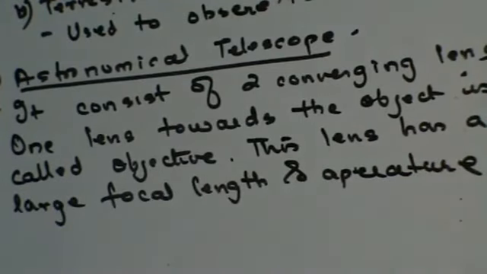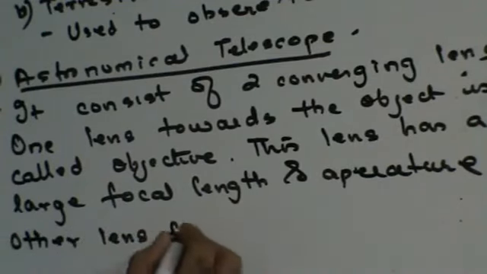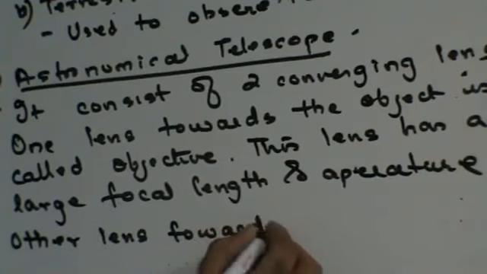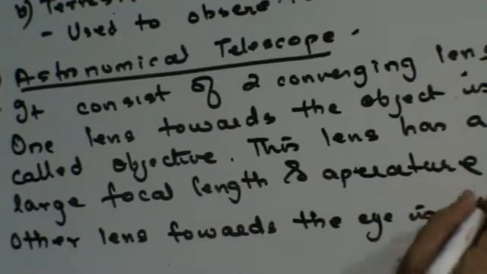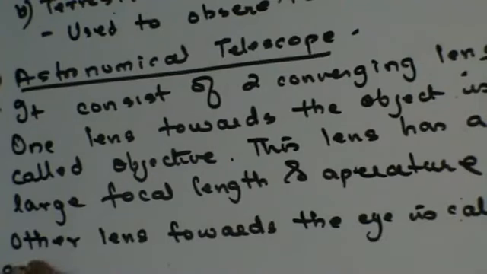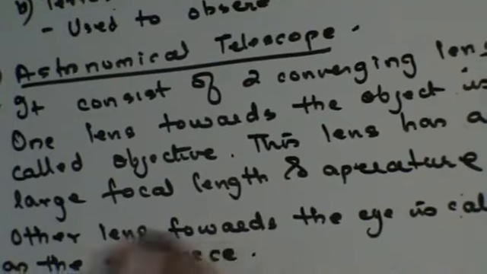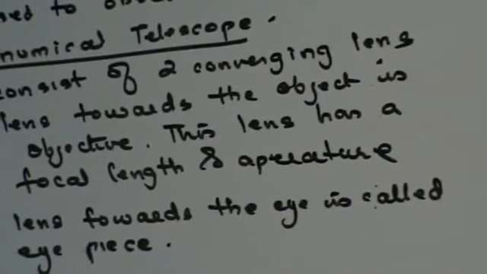And the other lens towards the eye is called as the eyepiece. Fine.